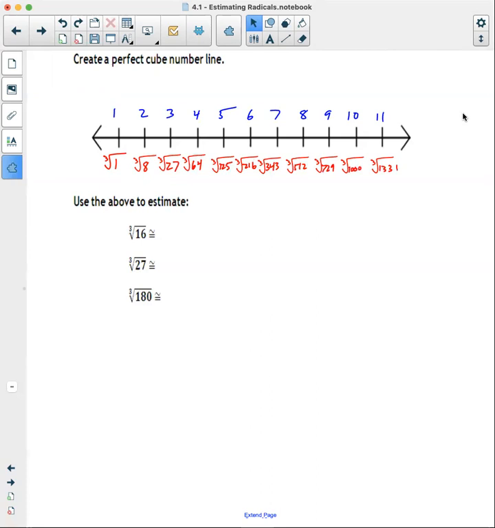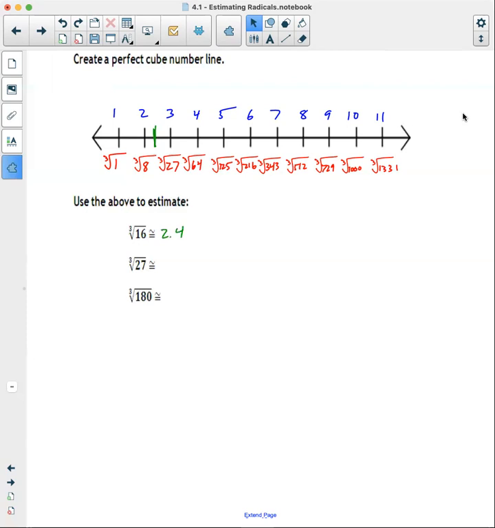Okay. And same thing. So we're going to look for the cube root of 16 on our number line. Okay, so that's going to be in between 8 and 27. And 16 is closer to 8 than it is to 27. So I'm going to put that in around here. And I'm going to say the cube root of 16 is approximately 2.4. Okay, and I'm not going to be too picky here.